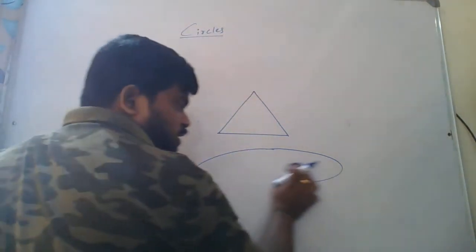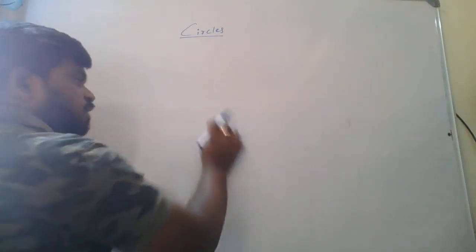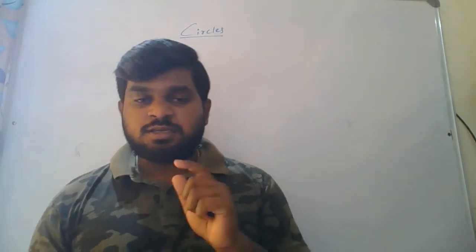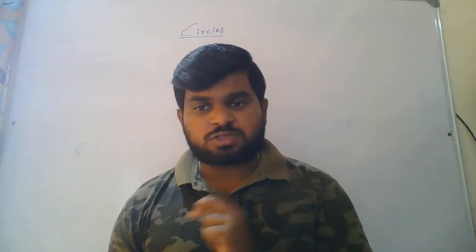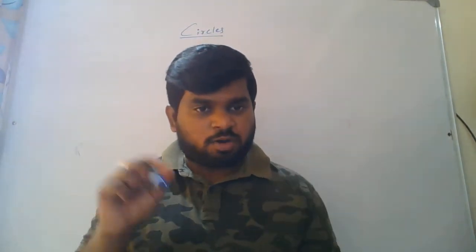Circle is a closed figure, yes, with no edges. But along with that, there are two important things known as fixed point and fixed distance. Circle is a plane closed figure. Plane in the sense you draw it on a board. Things that you can draw on the board, like 2D figures, are known as plane figures.